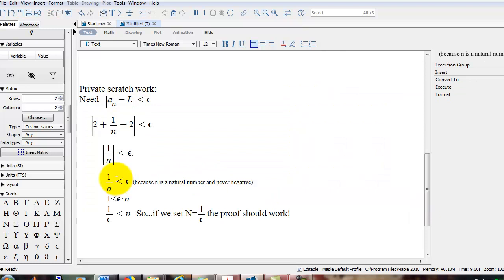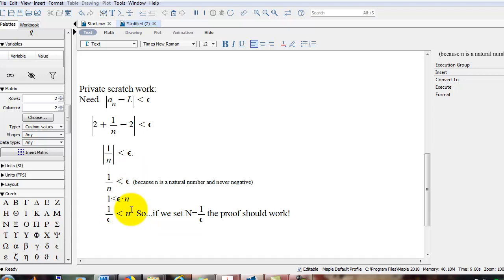So at this point, we are after our n. We want to know what kind of n we need to work with. If I multiply both sides here by n, and then divide by epsilon, remember epsilon is strictly greater than 0, so there's no trouble dividing by it. It's never going to be equal to 0. We're getting a very good sense of what n needs to look like. We need little n greater than 1 over epsilon.